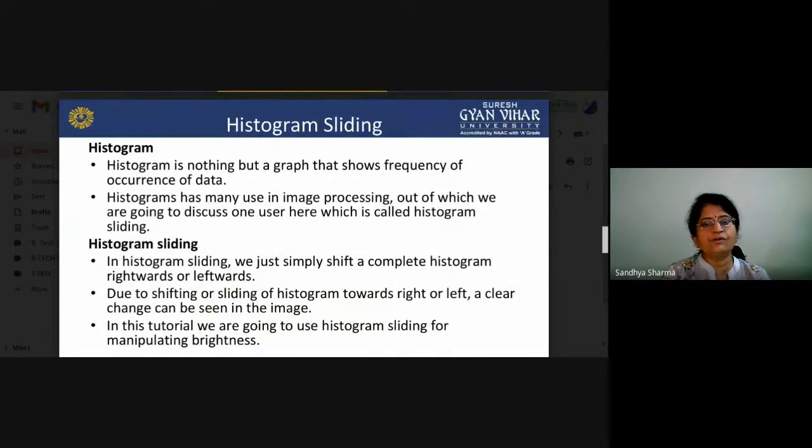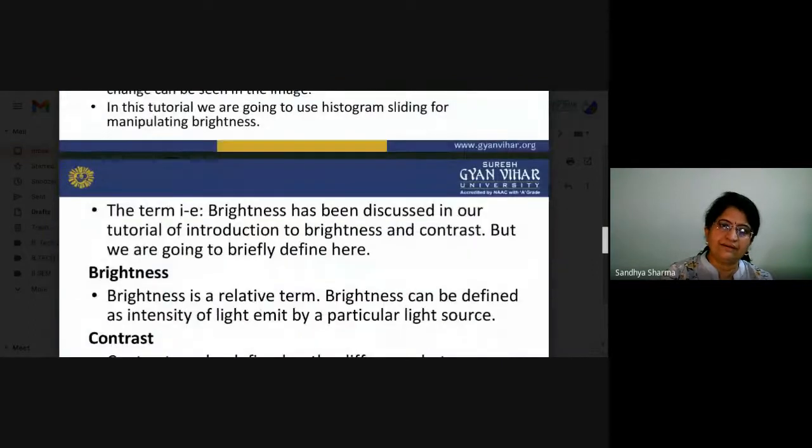Due to this sliding of the histogram towards the right or left, a clear change can be seen in the image. So according to that, we have to shift our histogram in either the right or left direction, and here we manipulate the brightness.